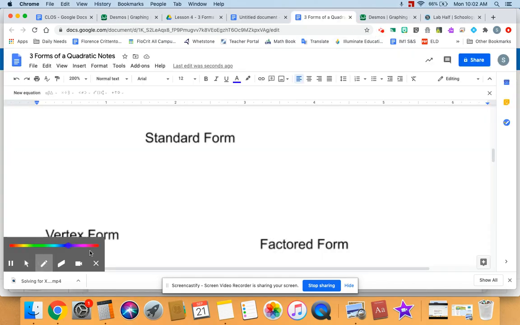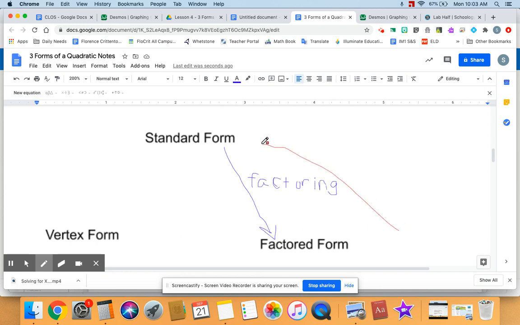So if I start in standard form and I want to go to factored form, I already told you that we end up doing that with factoring. If I started in factored form and then wanted to go to standard form, though, that is a different process. And you also know it, but it's just called distributing.